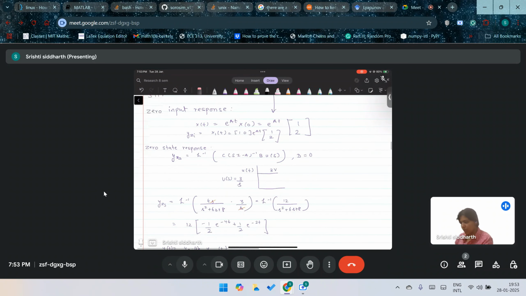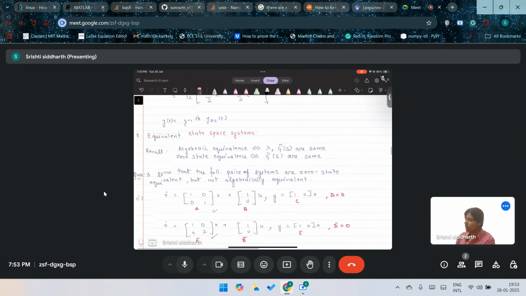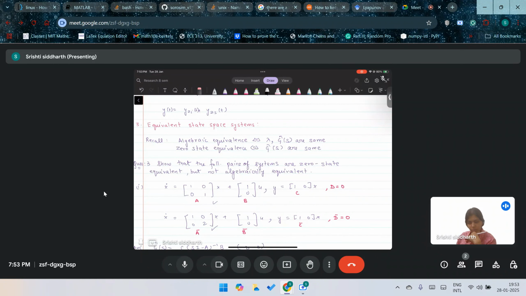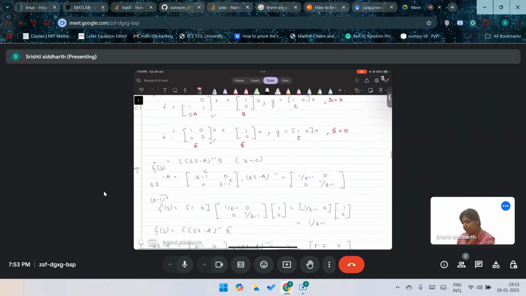And then we found out the zero input, zero state response and the overall response. After that, we looked at the equivalent state space system. So we had two definitions, algebraic equivalent systems and zero state equivalent systems. So we talked about the eigenvalues and the transfer function of the systems in these cases.